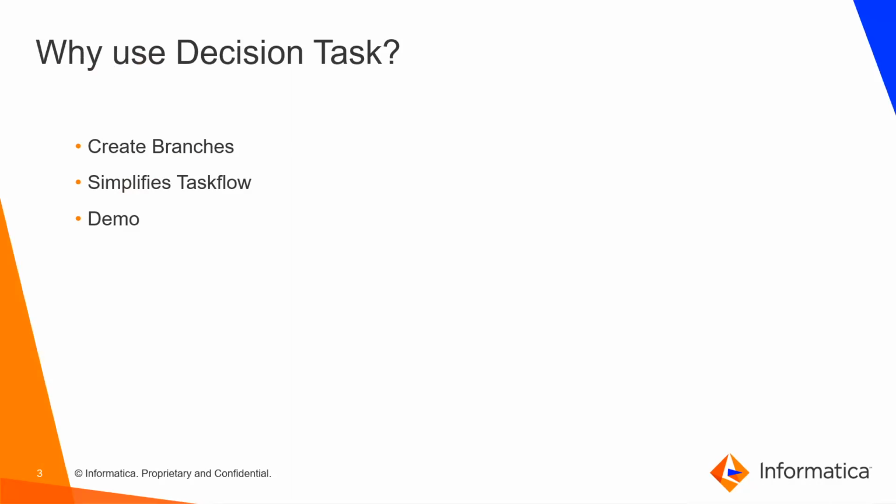Well, we use them to create branches or paths in a task flow. It simplifies the task flow by enabling us to specify conditions that determine the execution path in the task flow. And I'll show an example in a demo.